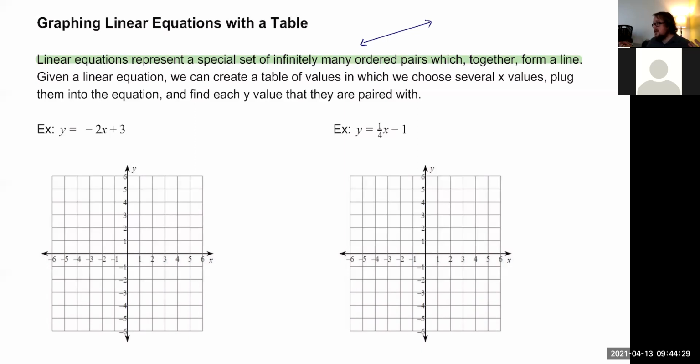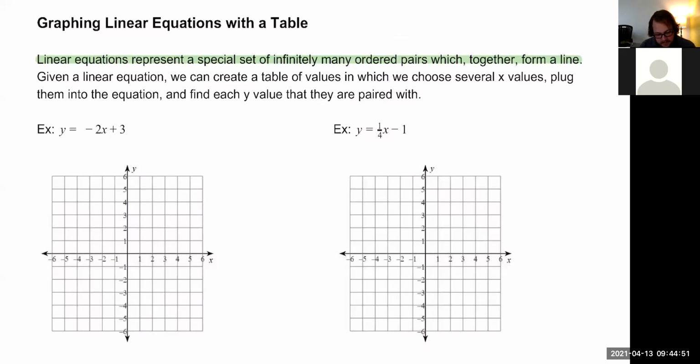And another cool thing about a line is because of the arrows at the end, that tells me that it goes on forever as well. All we need to do, fortunately, is just find a handful of those points so I can at least see where that line exists as well as where it's traveling.